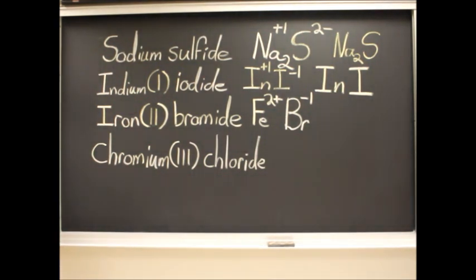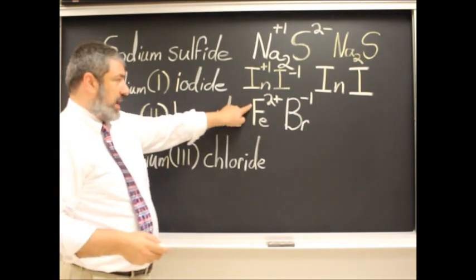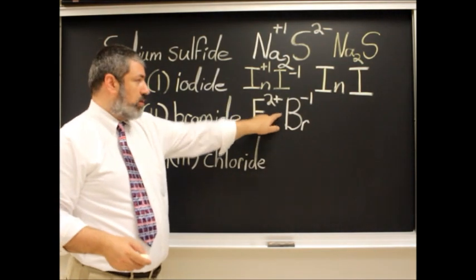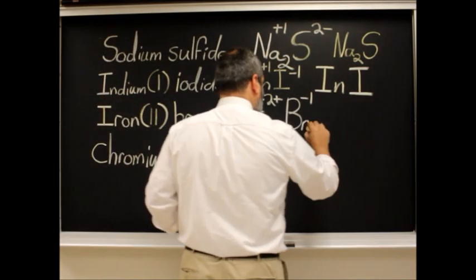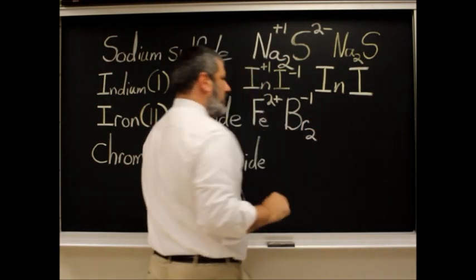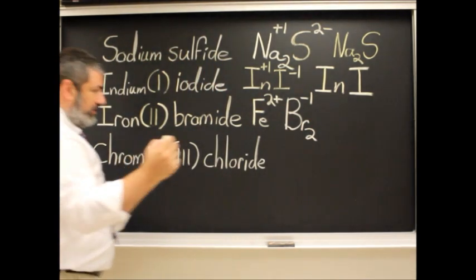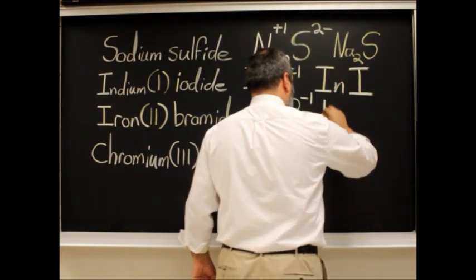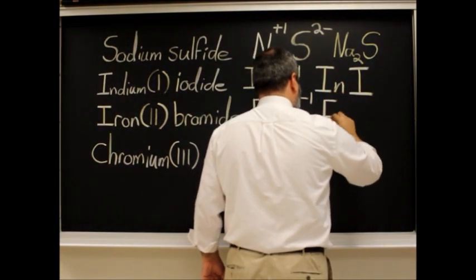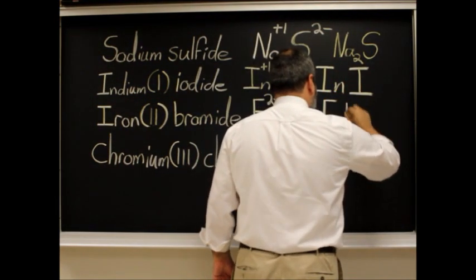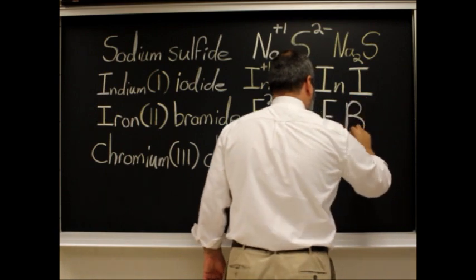We need charge neutrality. Iron is +2, the bromine is -1. So we're going to have 2 bromides. And again, I'll just rewrite it to make it more clear.